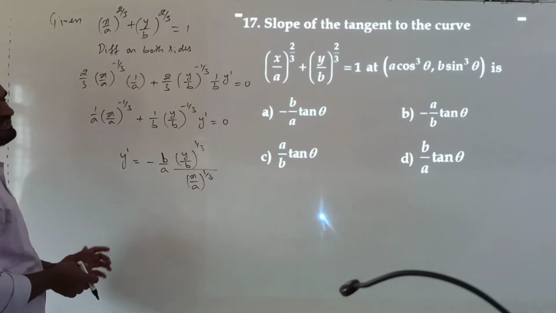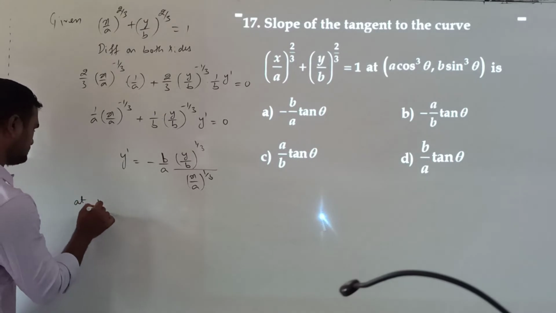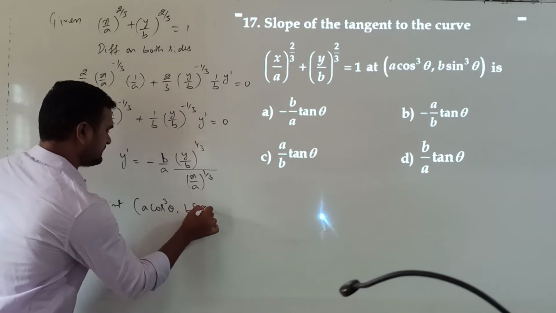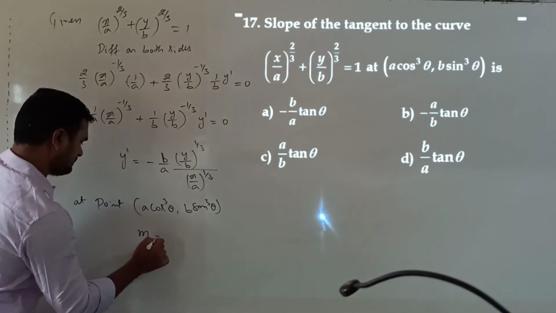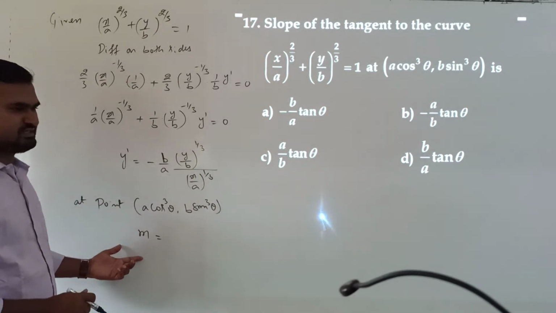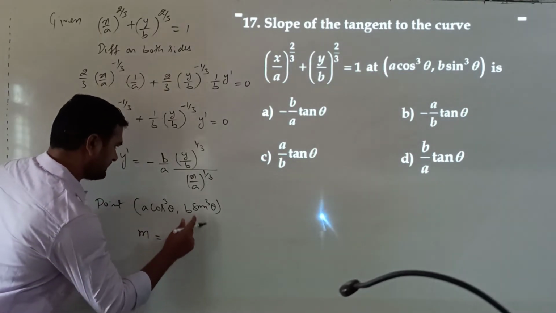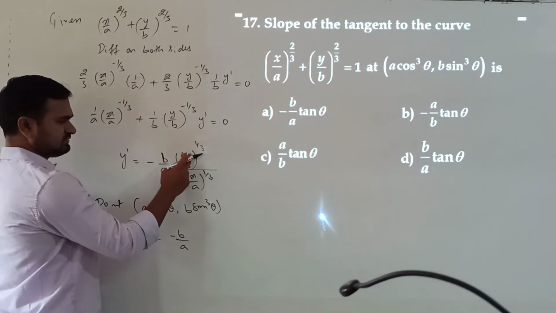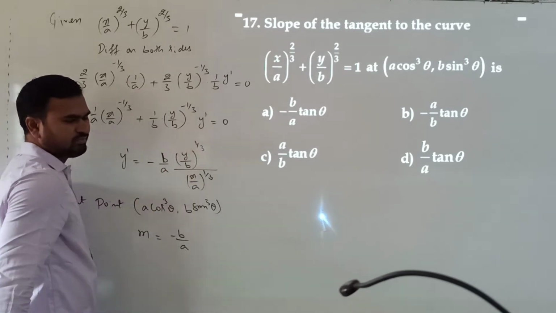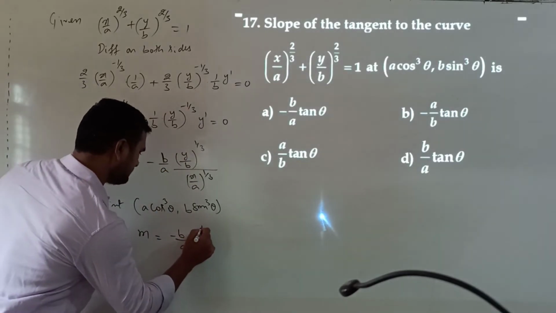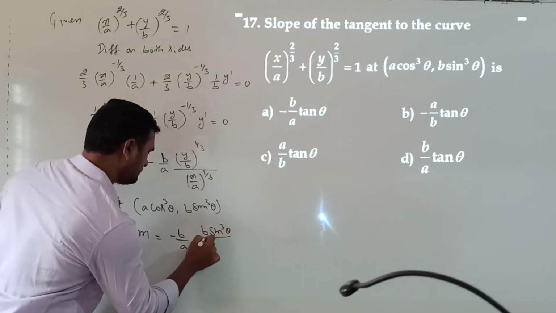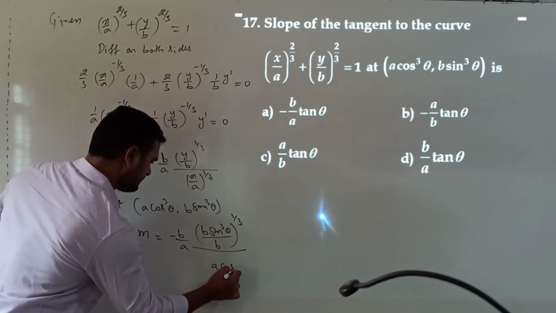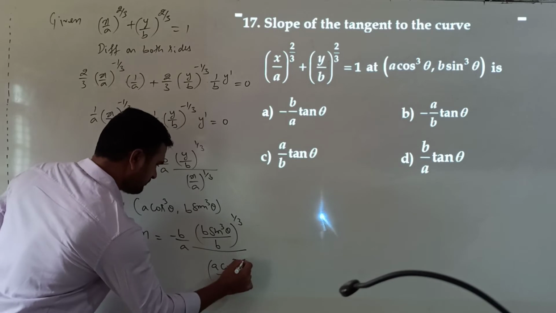Now we need the slope of the tangent at the point (a cos^3 theta, b sin^3 theta). So dy/dx is given by the slope of tangent m, so minus b/a, y/b, where y is b sin^3 theta, so b will get cancelled. Let us write one more step: (b sin^3 theta divided by b) to the power 1/3 divided by (a cos^3 theta divided by a) to the power 1/3.